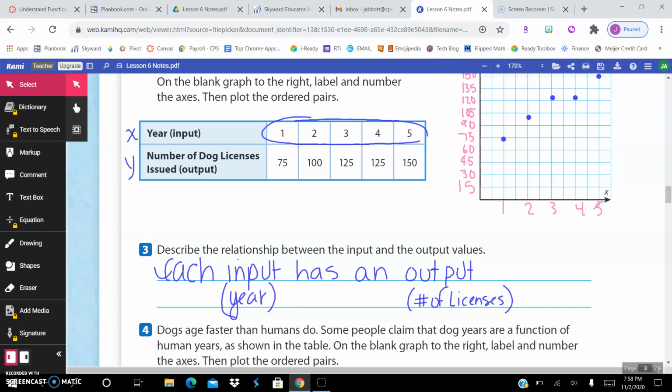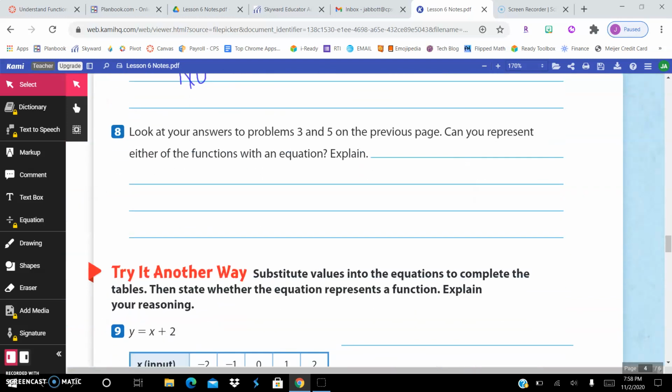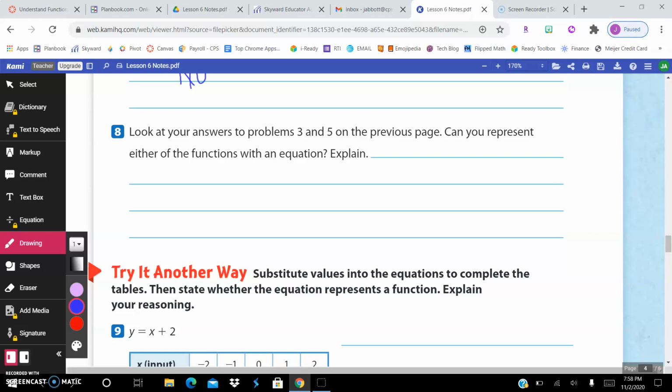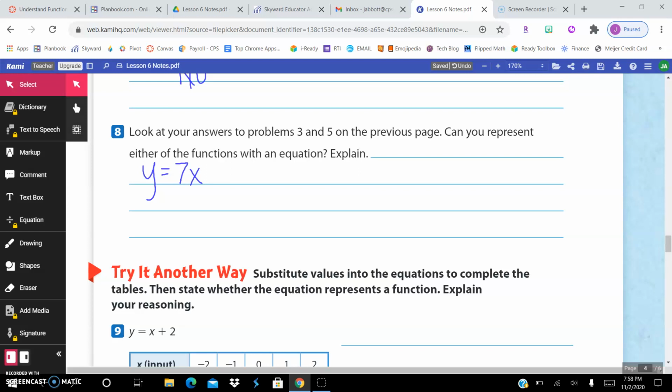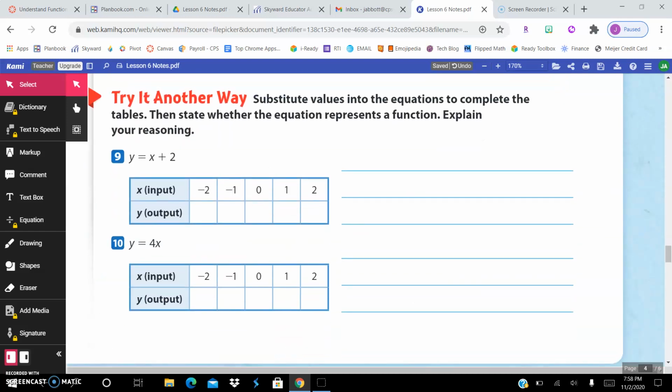So there's really not a function that we can write for that one. So going back here, yes, we can write a function. We can say y equals 7 times x for the dog because every year the dog is going to age 7 more years. So every time we're multiplying by 7 if you wanted to know how old your dog really was.